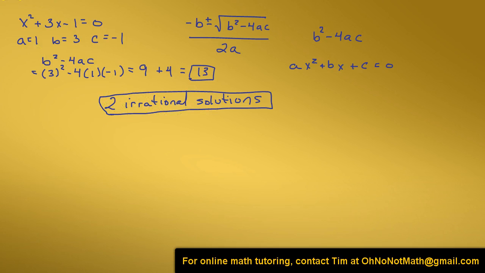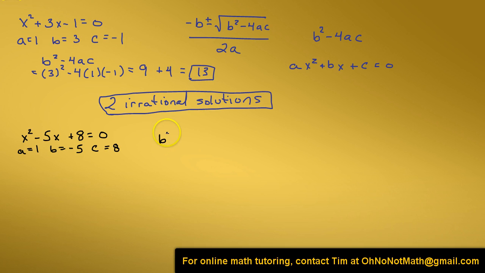So let's do another one. Let's say we have x squared minus 5x plus 8 equals 0. Here a equals 1, b equals negative 5, and c equals 8.